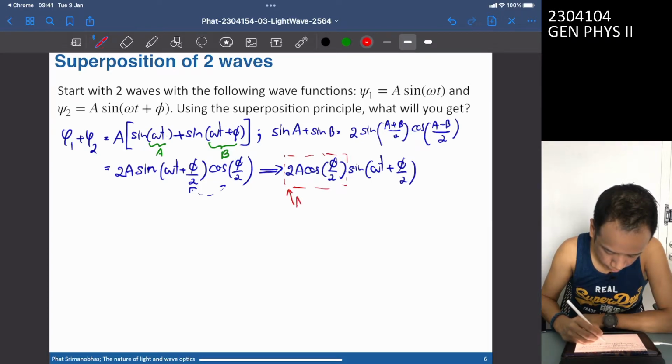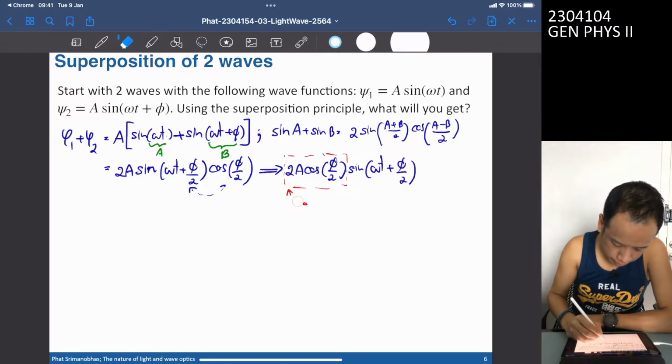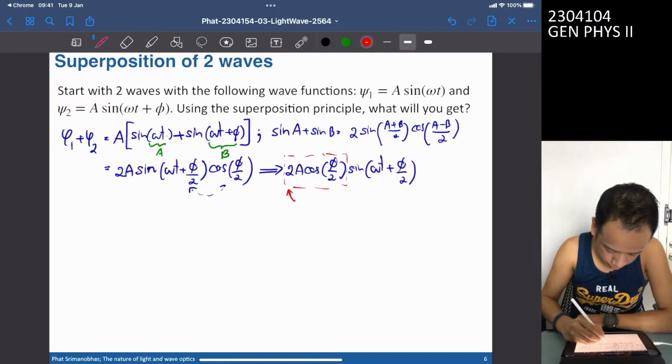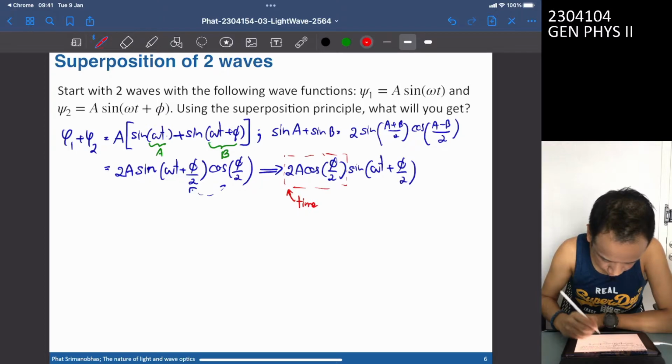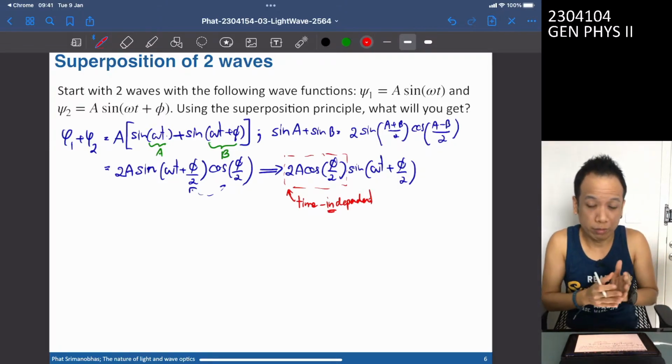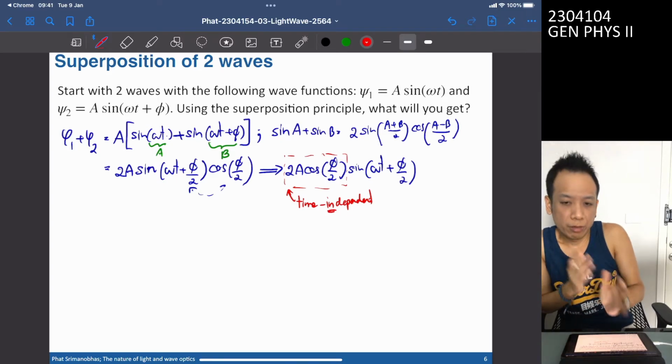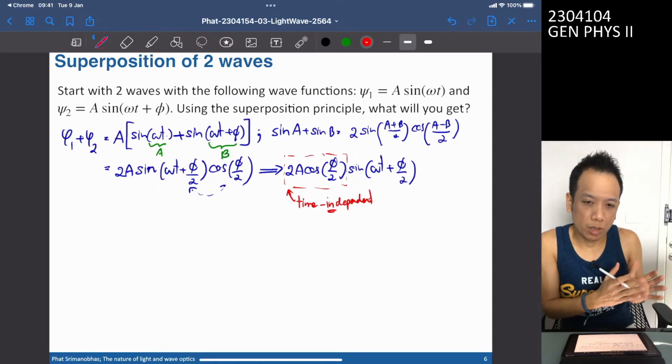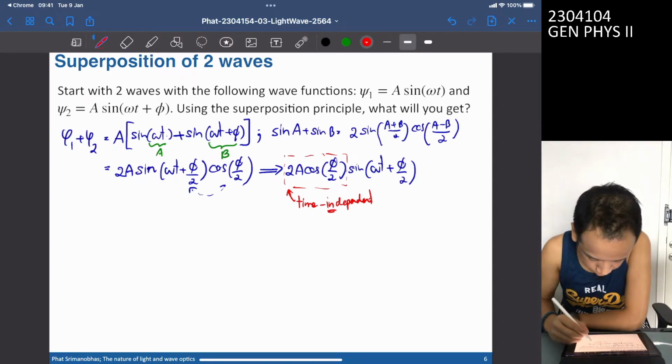It is time independent. When it's time independent, it will not represent the wave. It's a prefactor, it represents the amplitude of the wave, and the second term is the waveform.